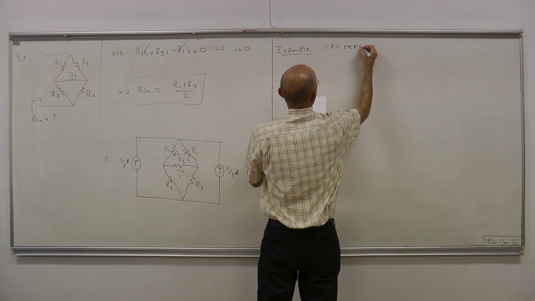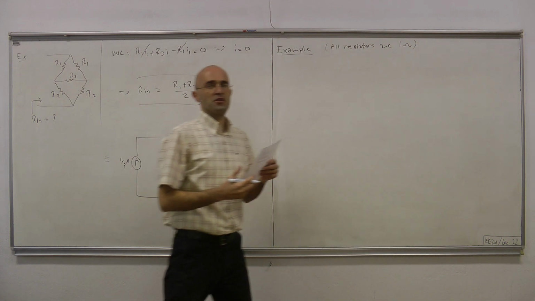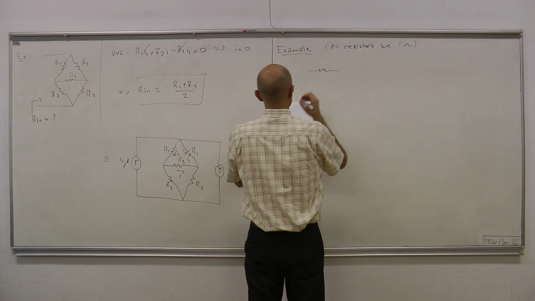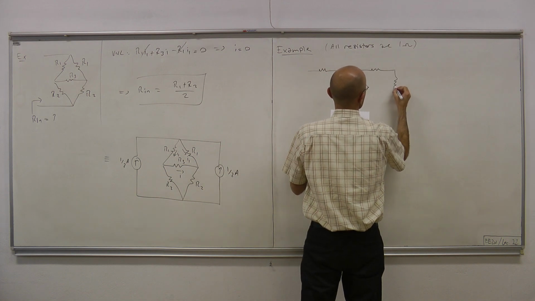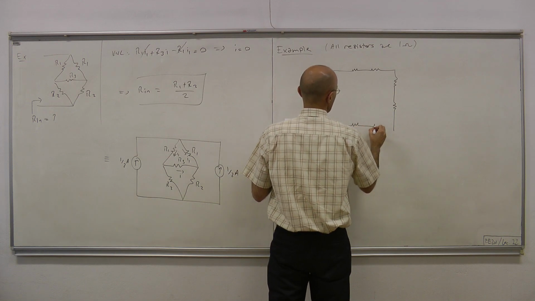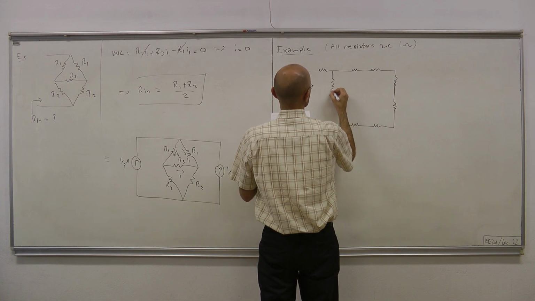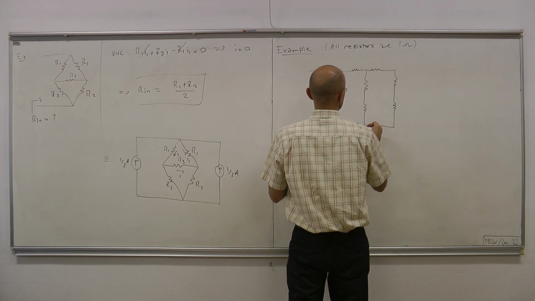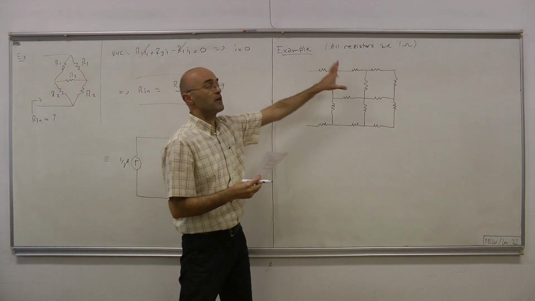We have the following circuit where all resistors have resistances of 1 ohm. Everything is 1 ohm.